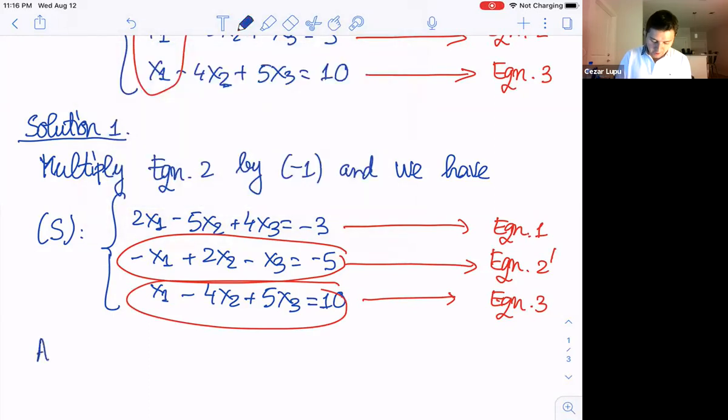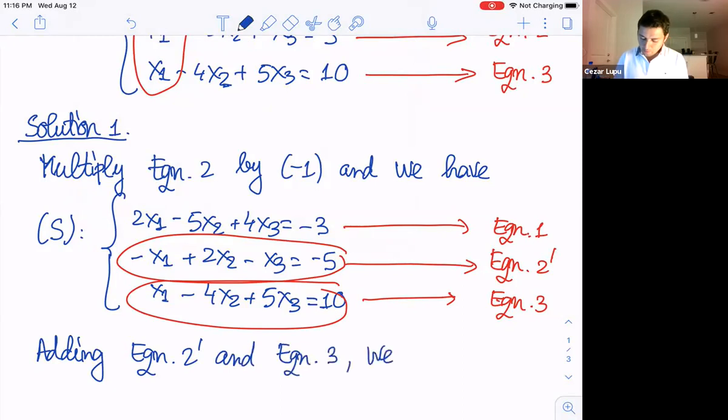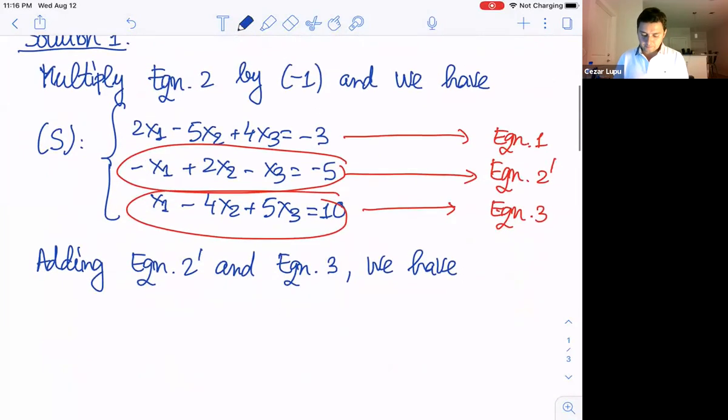So let's do this, adding equation 2 prime and equation 3, we have the following. We have negative 2x2 plus 4x3 equals 5. Let's denote this by star.